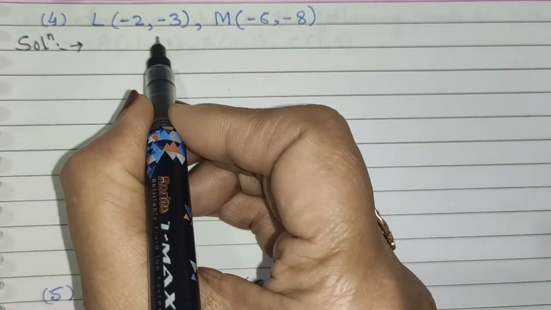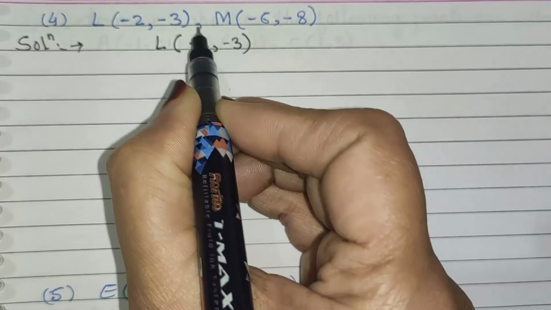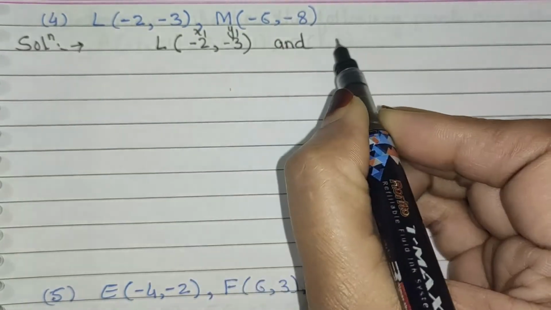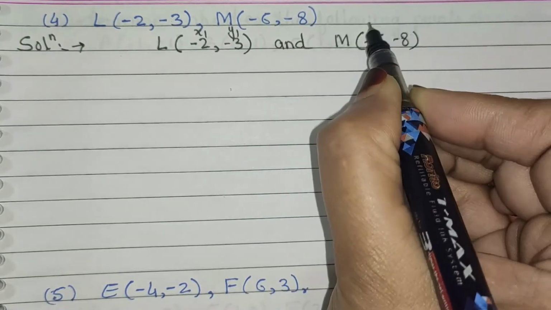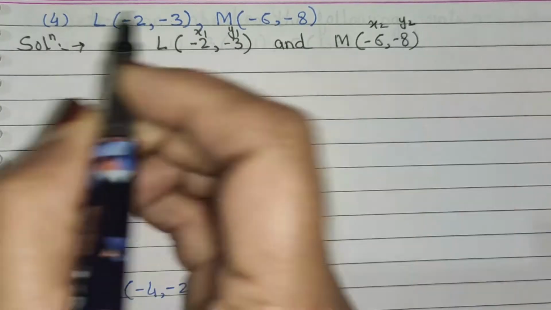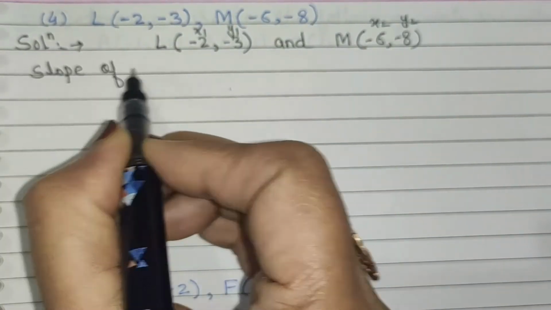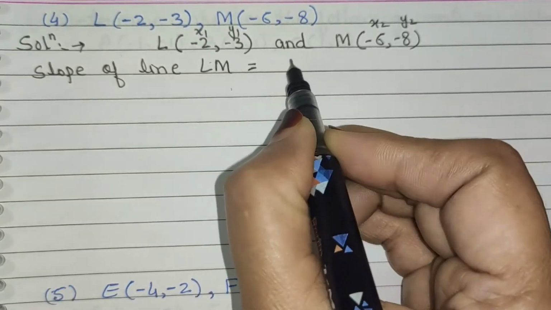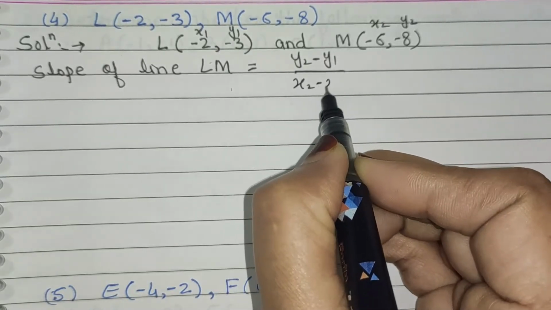Let us consider the coordinates of point L are x1, y1 and the coordinates of point M are x2, y2. Now by using the formula, write down here, slope of line LM is equal to y2 minus y1 upon x2 minus x1.